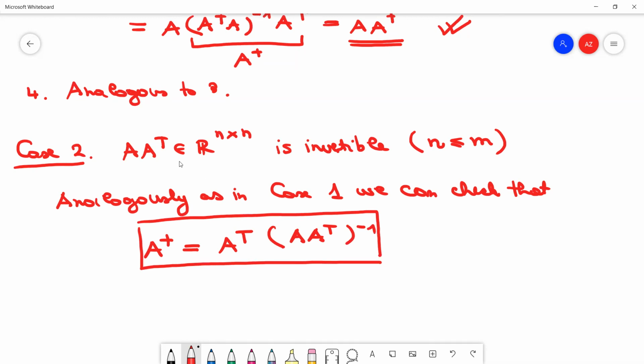And again, if A A transpose is invertible, no need to calculate the Moore-Penrose inverse, no need to calculate the SVD decomposition of A to get the Moore-Penrose inverse of A.